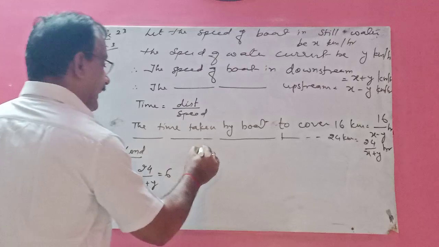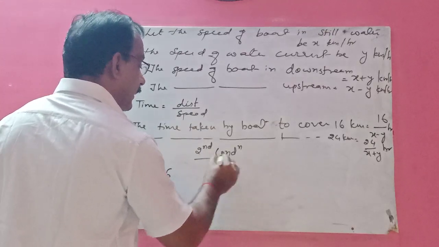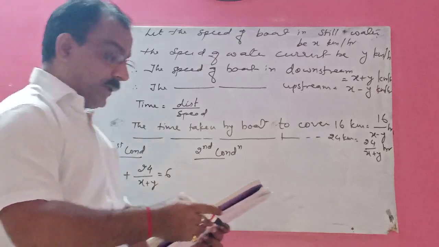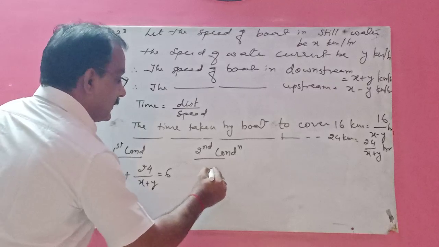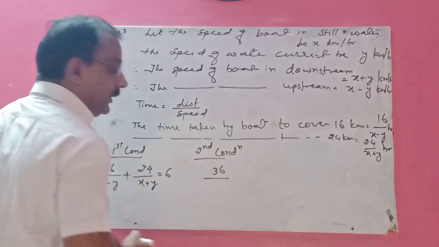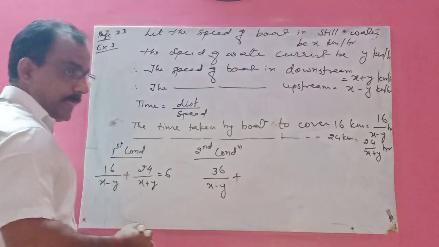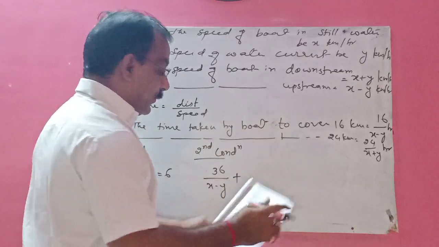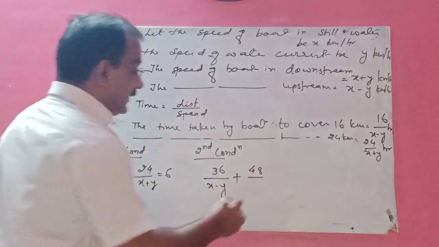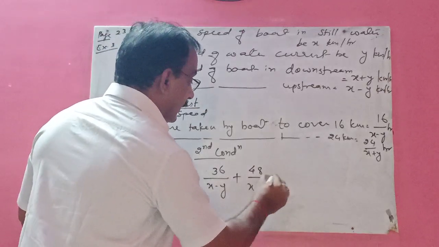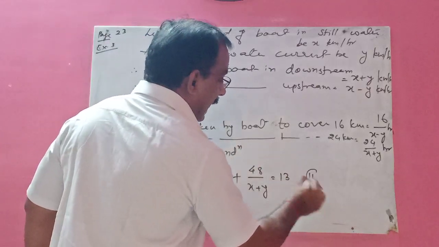Now, as per the second condition, the same boat travels 36 kilometers upstream, so 36 upon x minus y, plus 48 upon x plus y, is equal to the total time of 13 hours.